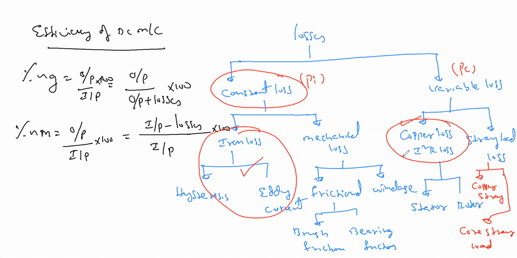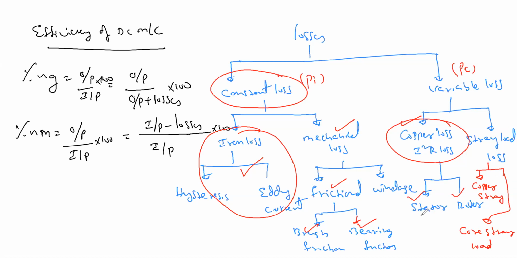But here in the DC machine, which is a rotating machine, there will be mechanical loss, that is frictional loss. Brush friction: the brush is kept on the commutator, the brush is stationary and the commutator is rotating, so there will be friction between the two, and some drop will be there. Bearing friction: for the support of this machine we need some bearings. Copper loss: we know stator and rotor.